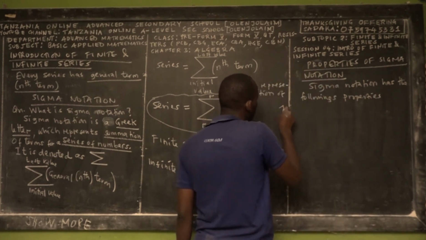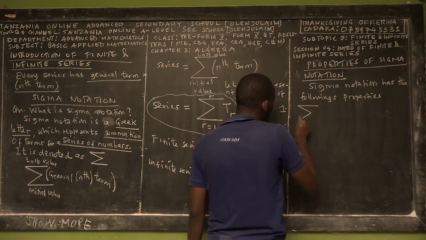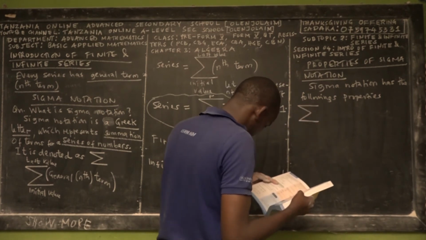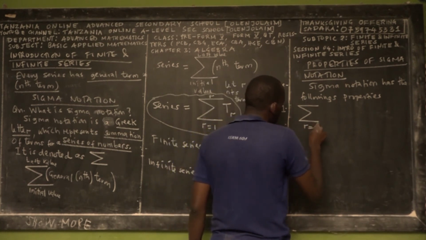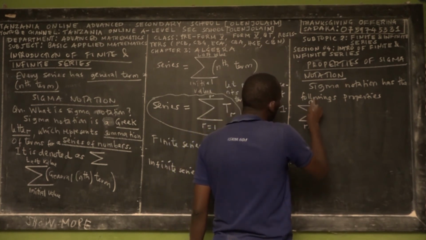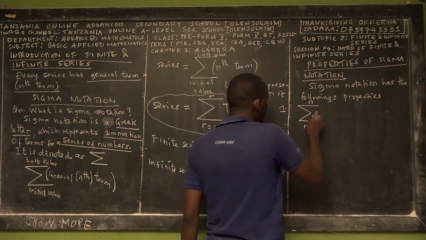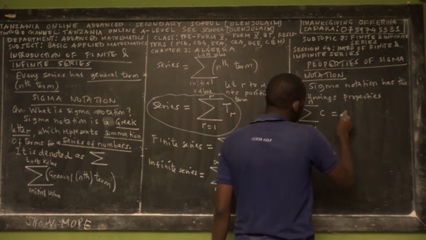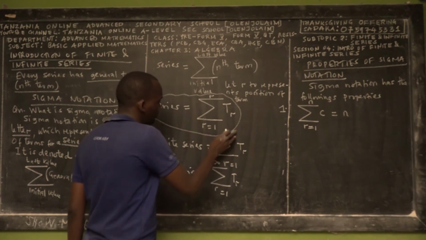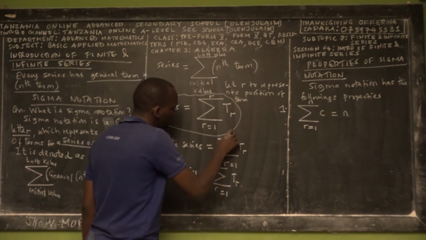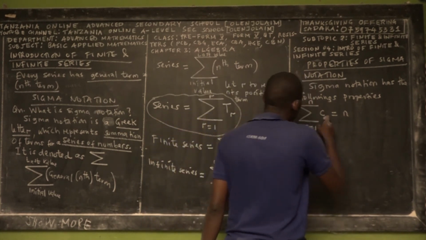The first one is the summation from r is equal to 1 to r is equal to n of a constant number C. This is equal to n times C. It means that it's the constant number.